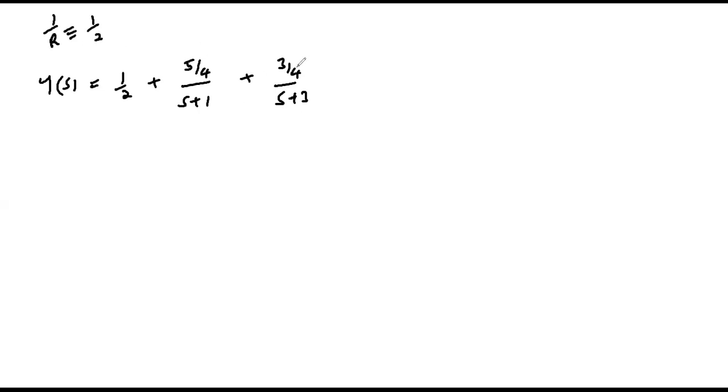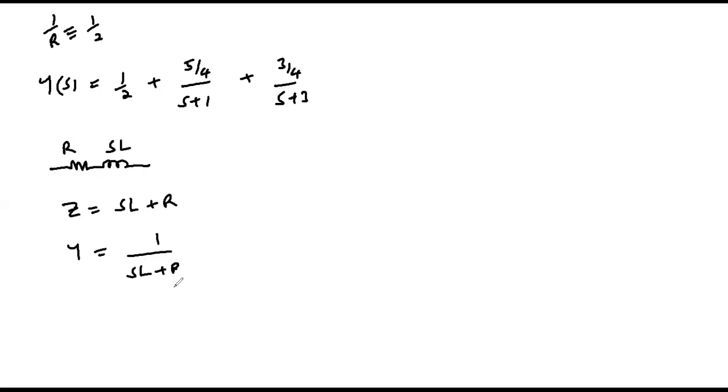These two parts mean we have an inductor resistor series arrangement in admittance form. If you have a resistor and an inductor in series, the impedance will be given by sL plus R. The admittance will be the reciprocal, which is 1 over (sL plus R), which we can write, making the coefficient of s in the denominator 1, by dividing by L to get (1/L) over (s plus R/L).